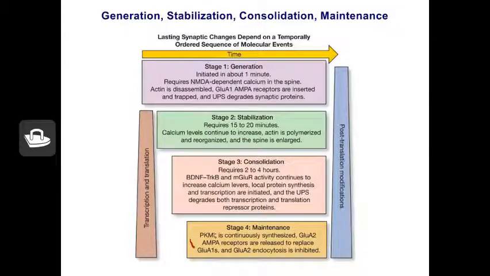And of course, the last stage is maintenance over the long term that could range from days to weeks to even years or a lifetime. And in the intact animal, this is mediated by protein kinase M-zeta, or PKM-zeta.